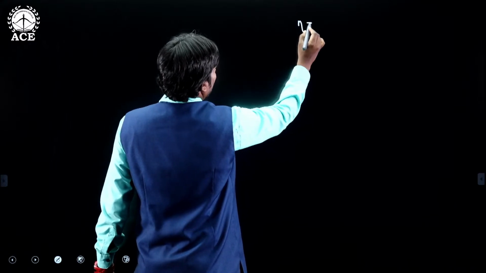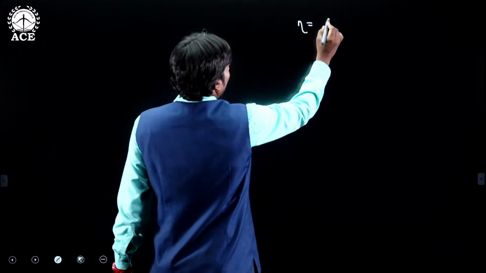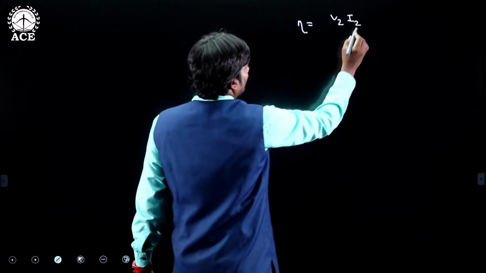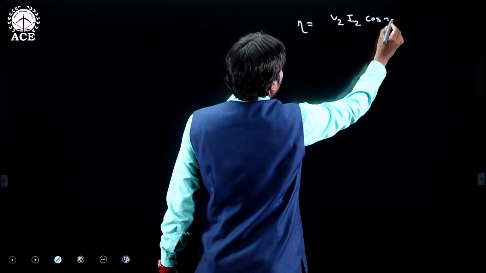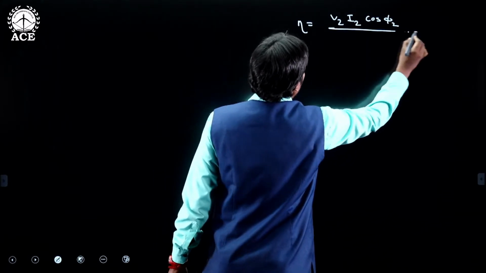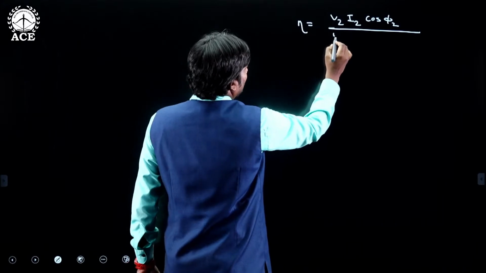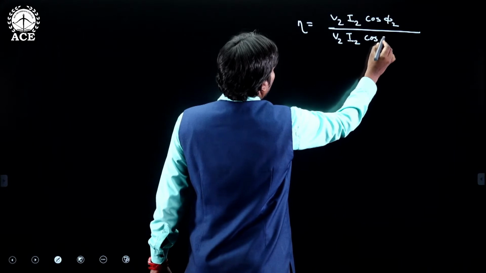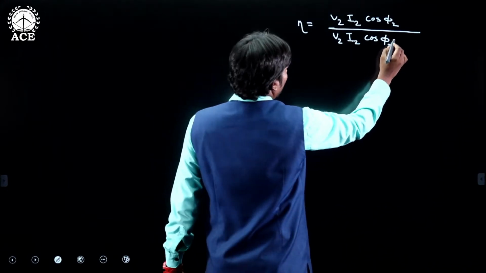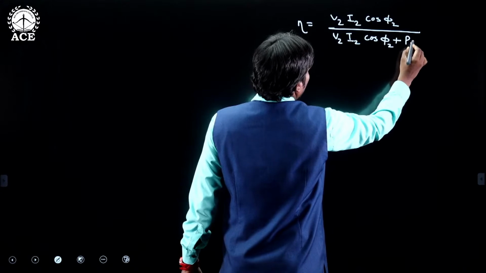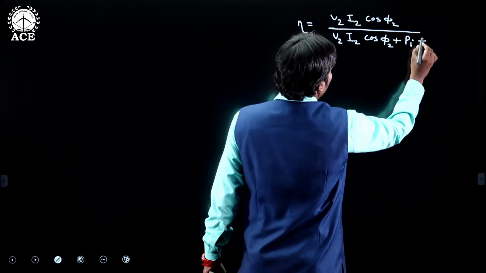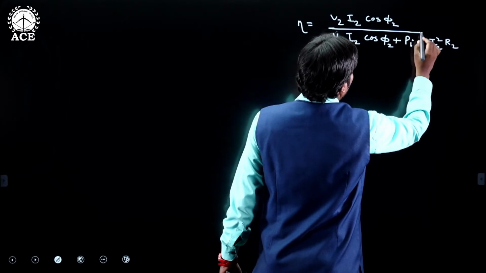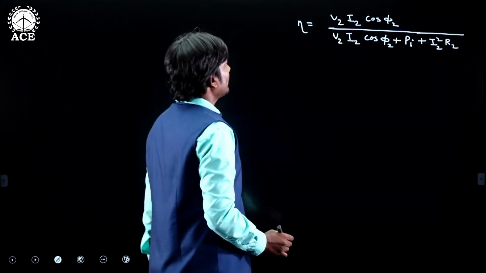Now we know the efficiency of a transformer is equal to V2 I2 cos phi 2 divided by V2 I2 cos phi 2 plus Pi plus I2 squared R2.